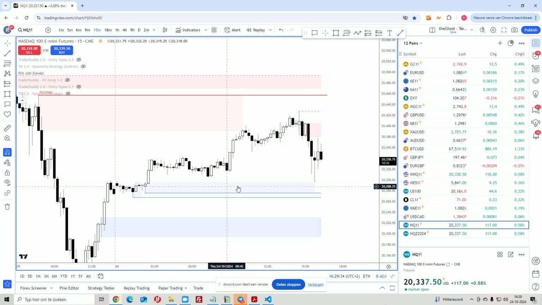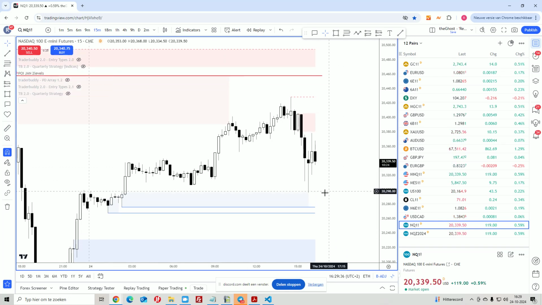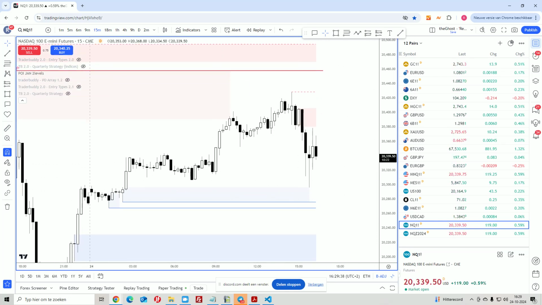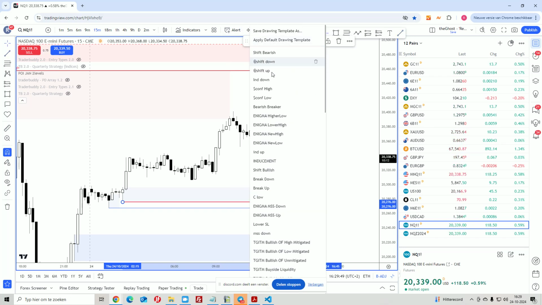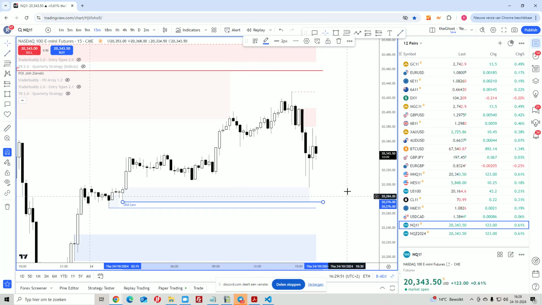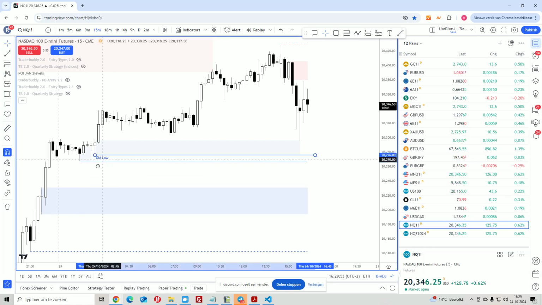And down here we have a mitigated zone. And we have the old low here as being unmitigated old low. And this old low down here is not mitigated.